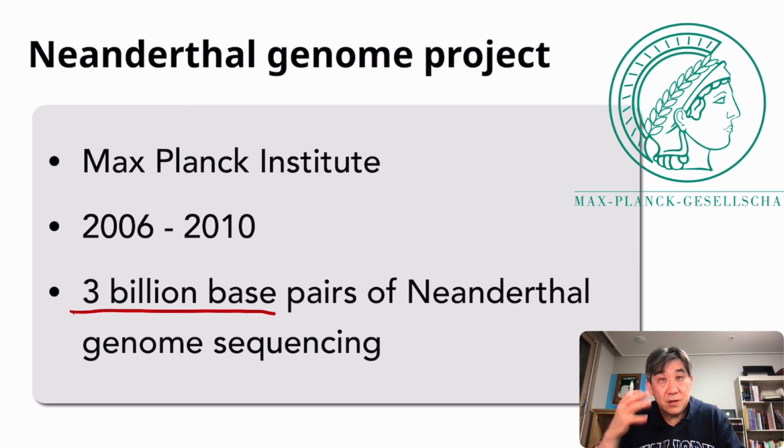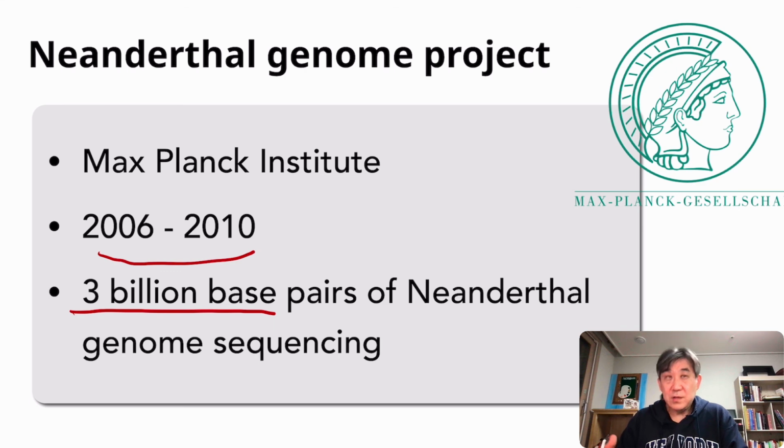It has been sequenced, and it took only 4 years. For the human genome, even though it must have been much easier to obtain the DNA sample, it took more than 10 years. In reality, it took 13 years.